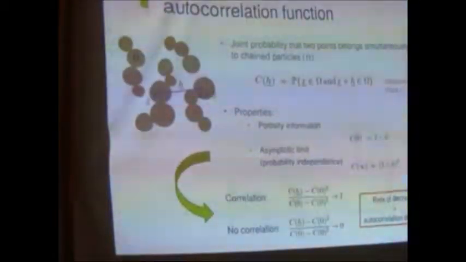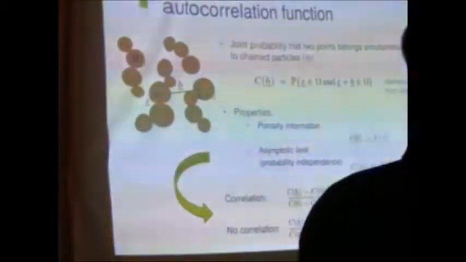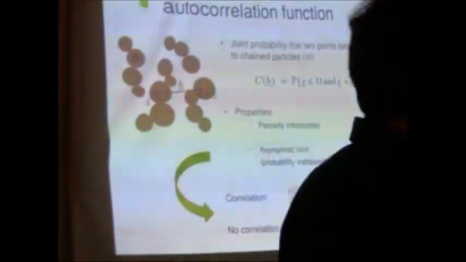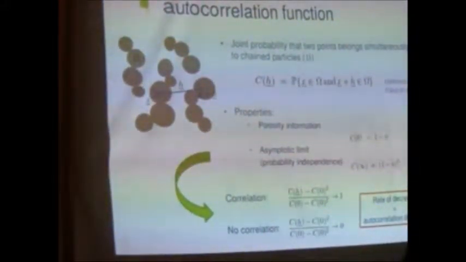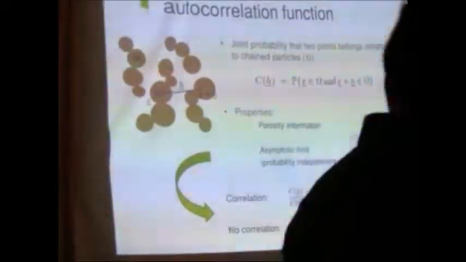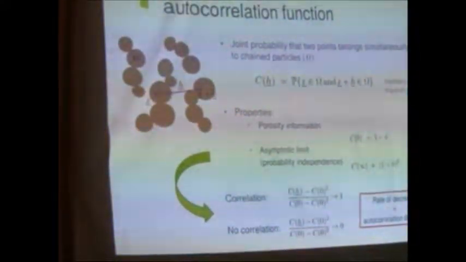To define this mesoscopic scale, I use what is called the two-point autocorrelation function and the integral range theory that was developed by Matheron, Kanit and others.